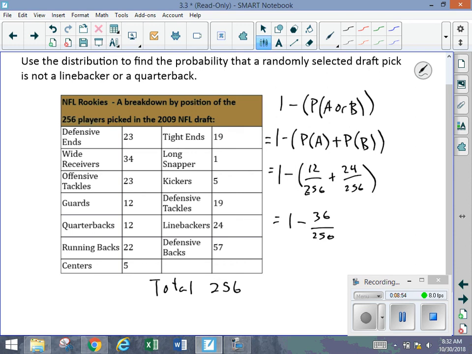Let's go ahead and put that in our handy calculating device. 1 minus 36 over 256 is approximately 0.86.